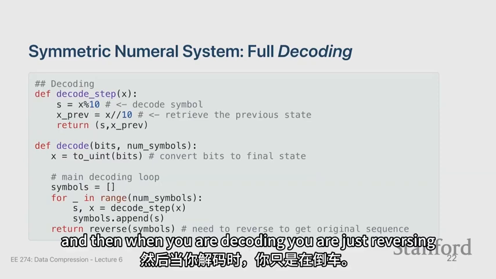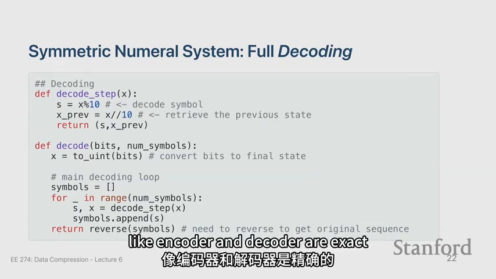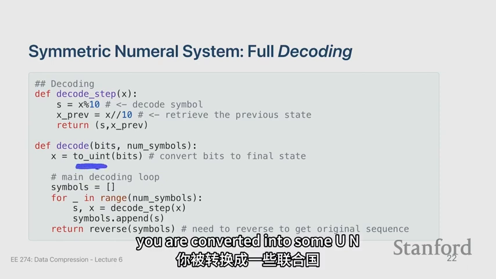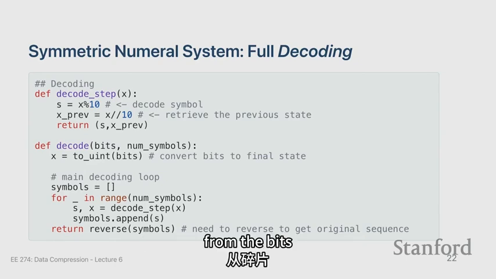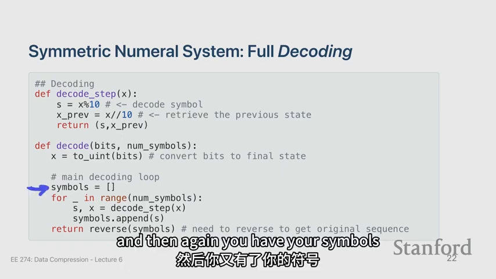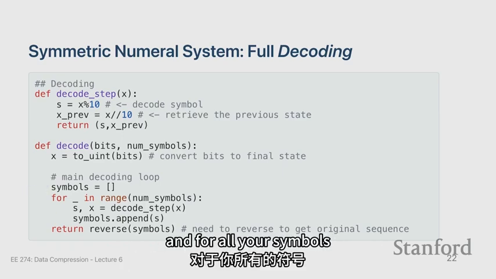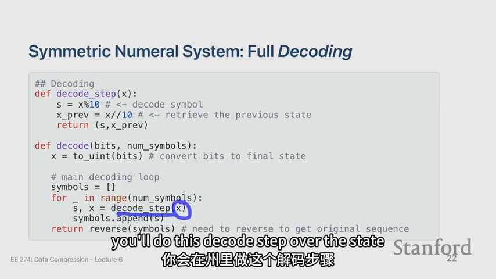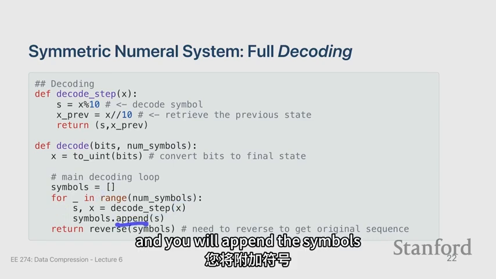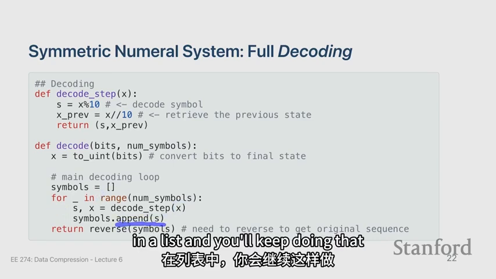And then when you are decoding, you are just reversing each step, right? Encoder and decoder are exact reverses of each other. So in the decode step, first of all, you convert the bits into some uint, so that you get your final state. And then for all your symbols, you do this decode step over the state, returning you a symbol and state. You append the symbols in a list, and you keep doing that.